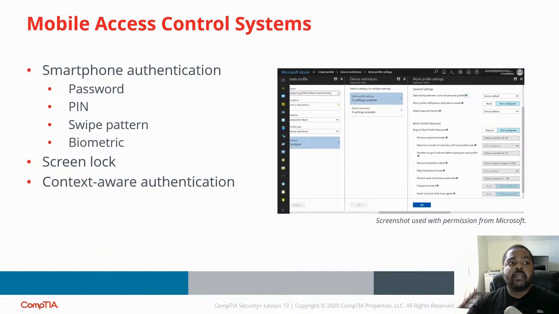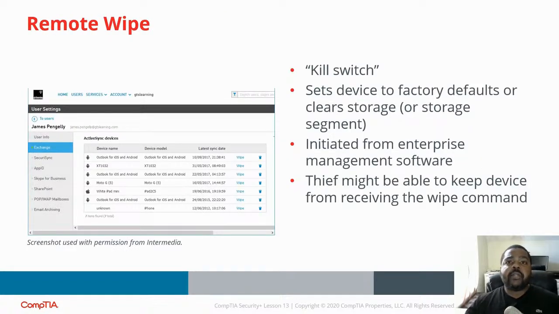So you may get some pushback on the biometrics, and you might have to rely on the PIN and the password in order for your users to use their devices. But it will behoove you to implement one or the other, if not two, in order to have a multi-factor when it comes to your mobile devices.